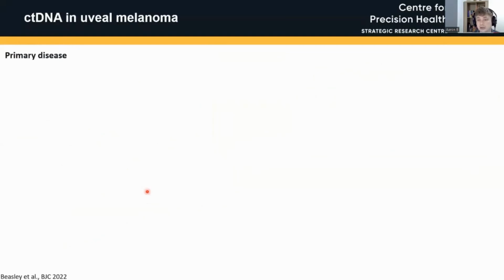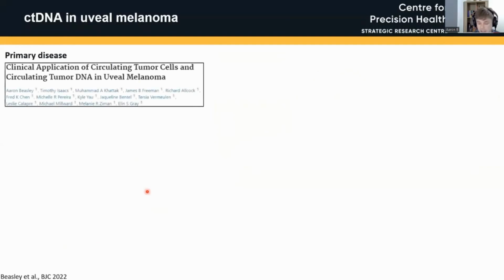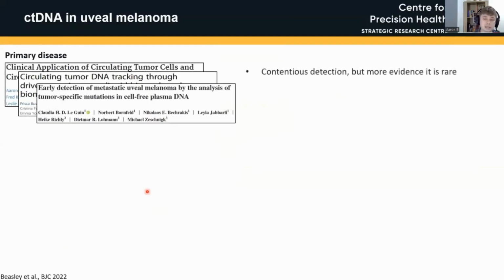So quite surprisingly, there isn't actually that much research in circulating tumor DNA and uveal melanoma. So in primary disease, there's still a bit of contention on the detection rate. There's a bit more evidence that it's quite rare and very difficult to see, but there's some evidence that levels are increasing with malignancy.